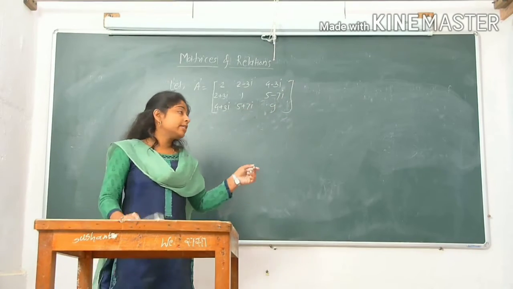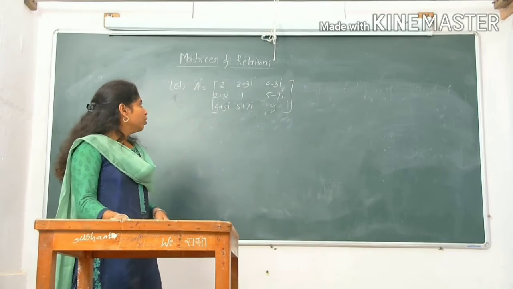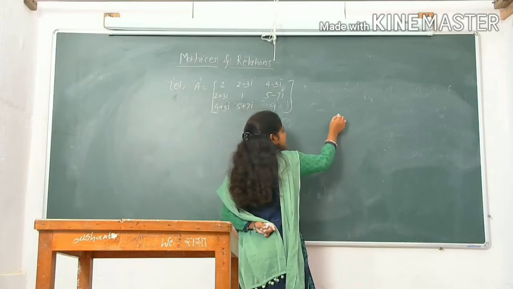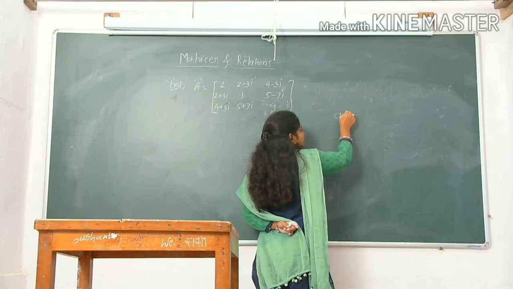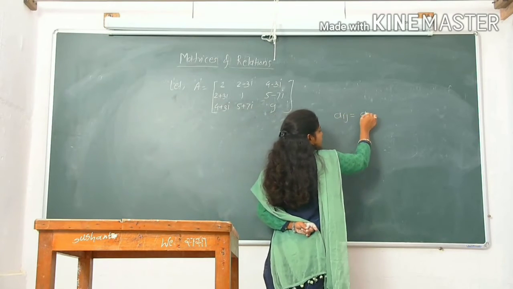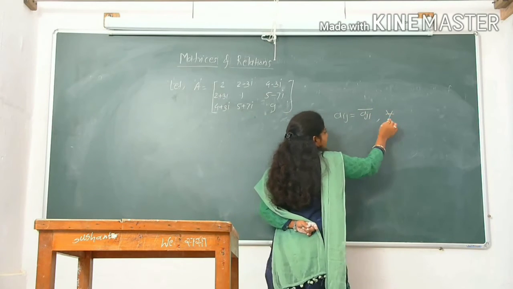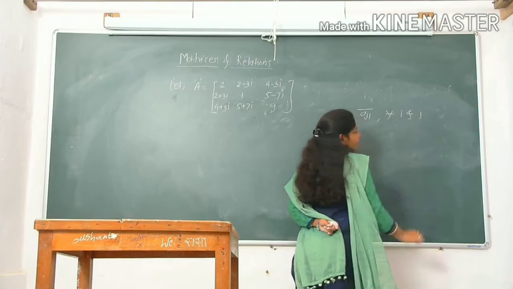Let us check whether this matrix is Hermitian or not. So, our definition is a matrix A is said to be Hermitian if we get Aij equal to Aji bar for all i and j.